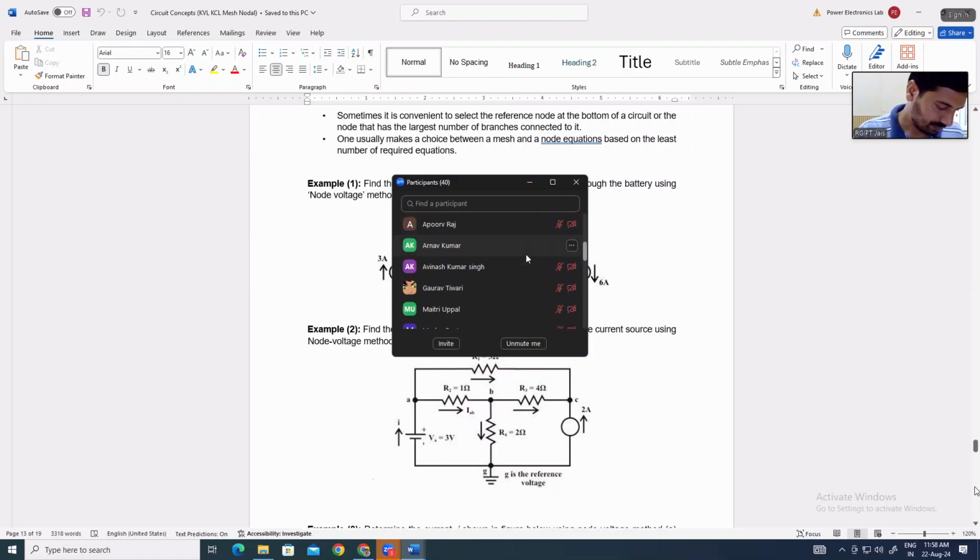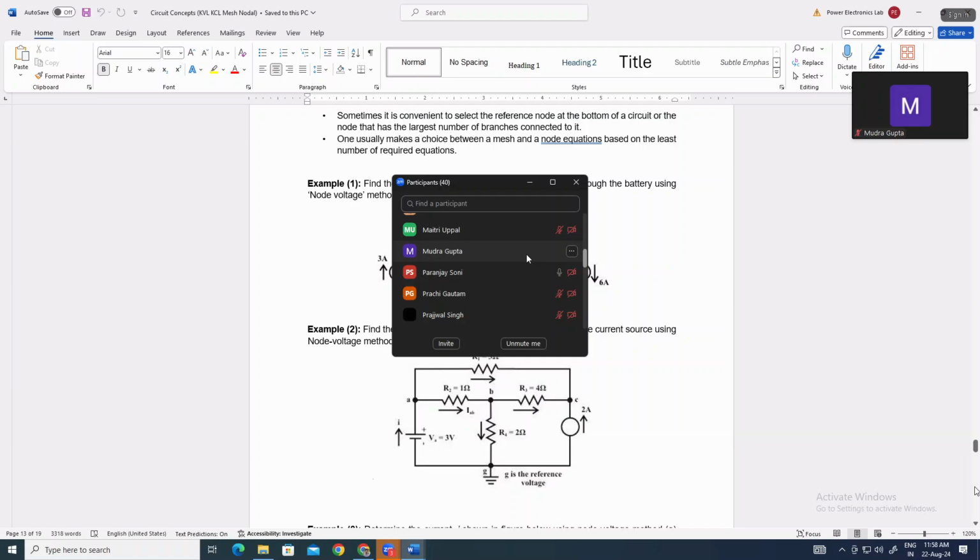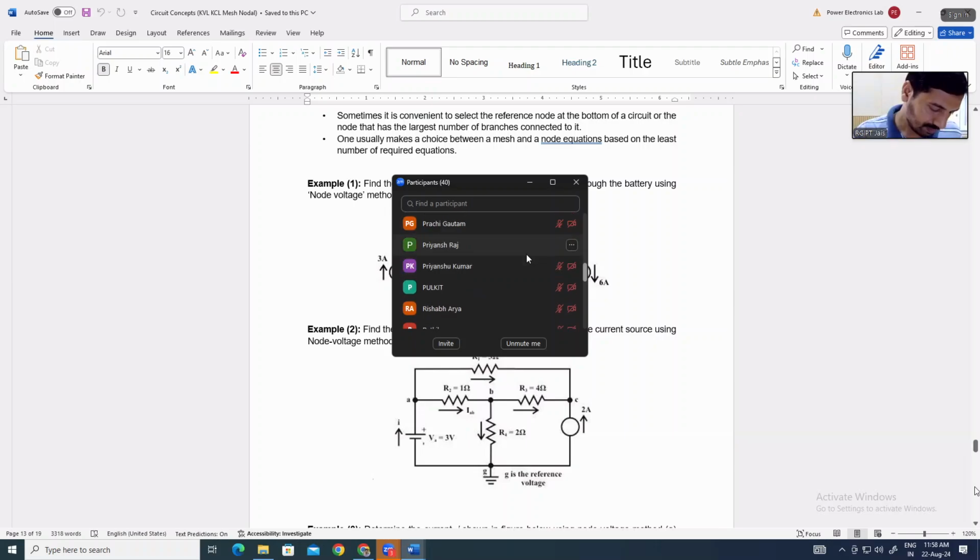Ishant Singh, Krishna Gupta, Maitri Upal, present sir. Mudra Gupta, present sir. Pranjay Soni, present sir. Prachi Gautam, present sir. Prajwal Singh, Priyansh Raj, present, sir.